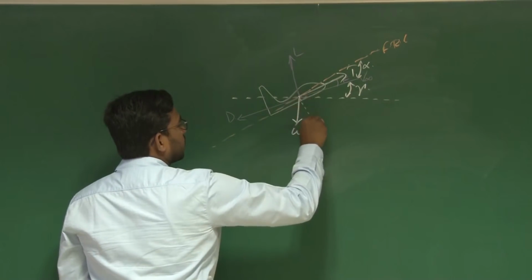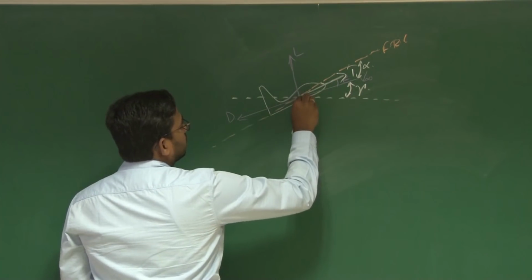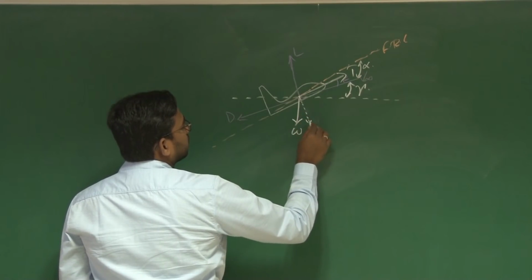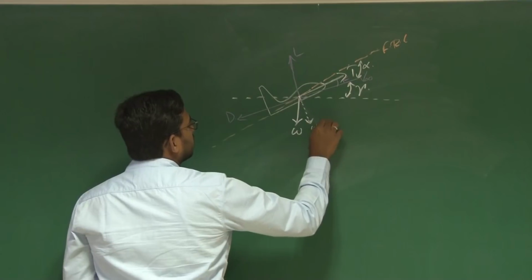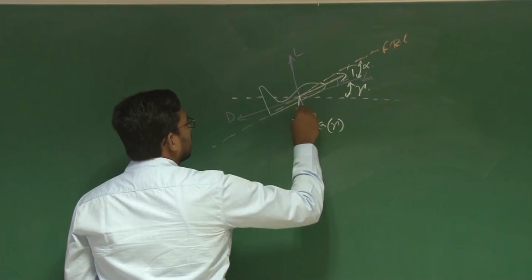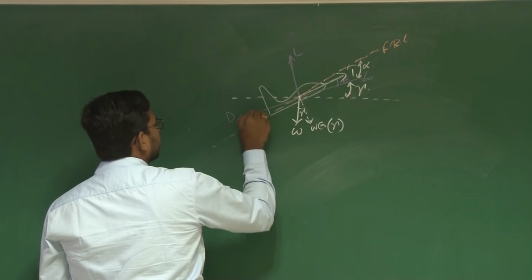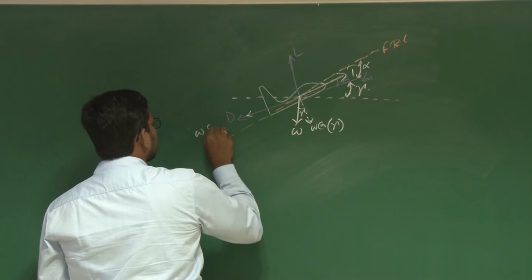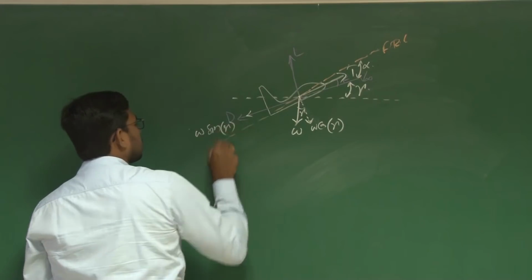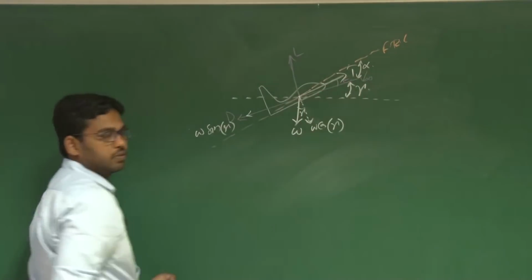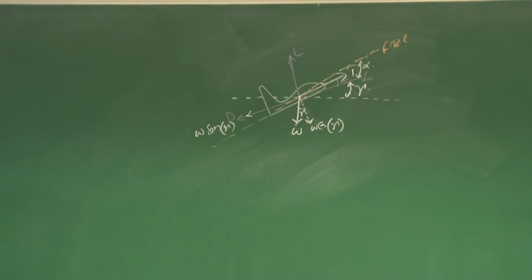The component of weight perpendicular to V infinity is W cos gamma, where this is gamma. The component of weight acting along V infinity is W sin gamma. And there is a thrust misalignment epsilon with respect to the free stream.